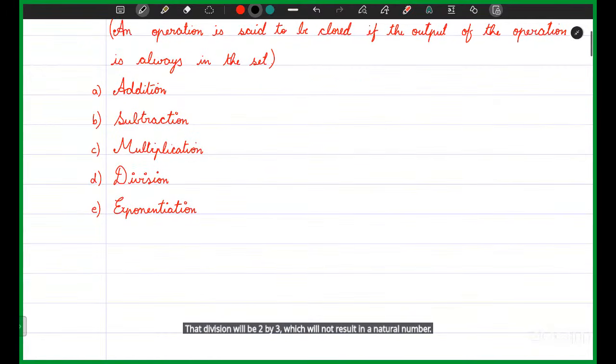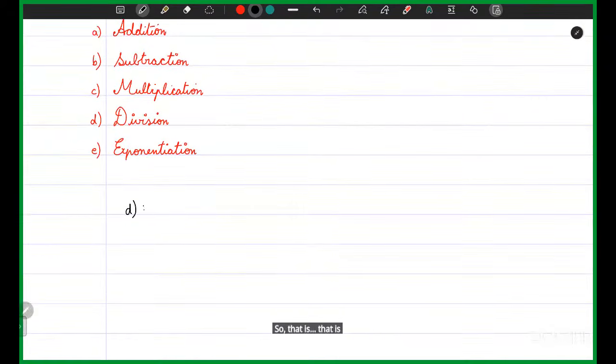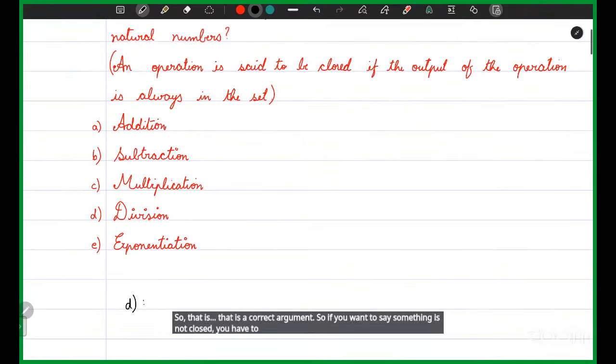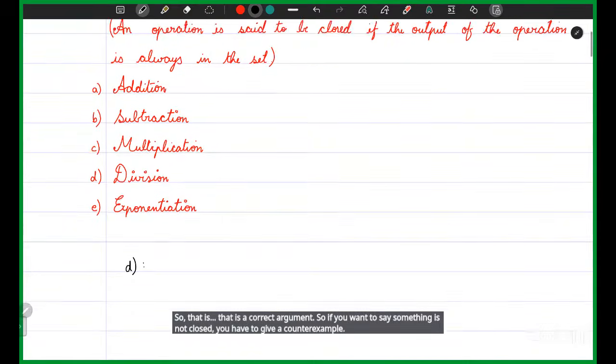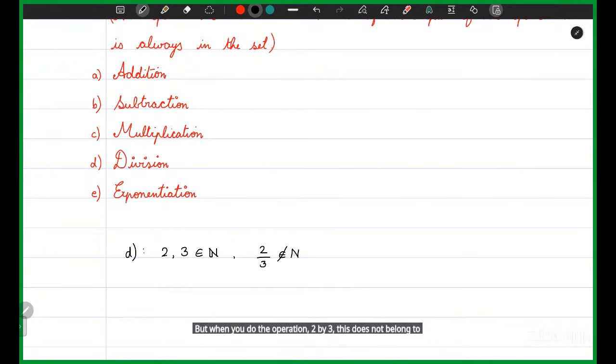Yes, that is a correct argument. If you want to say something is not closed, you have to give a counterexample. So 2 and 3 belong to the set of natural numbers, but 2 by 3, a fraction, does not. Therefore division is not closed.